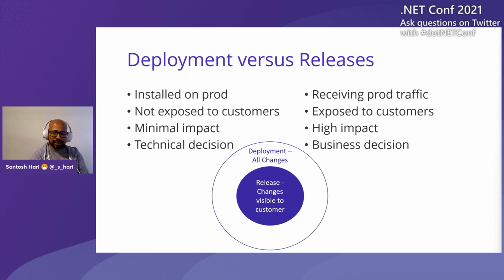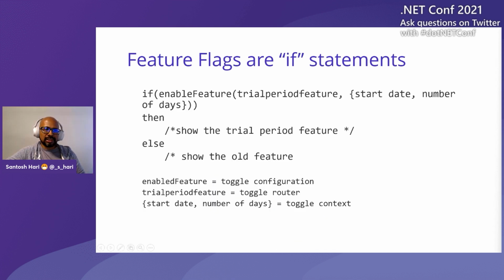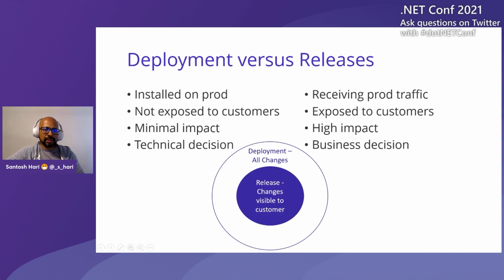Speaking of releases, when we say a new feature is released, this means that production traffic is hitting the code for this new feature. When production traffic hits the new code, it opens it up to all kinds of risks. This risk could be something like an outage, crash, or bug, and all of these are exposed to customers.